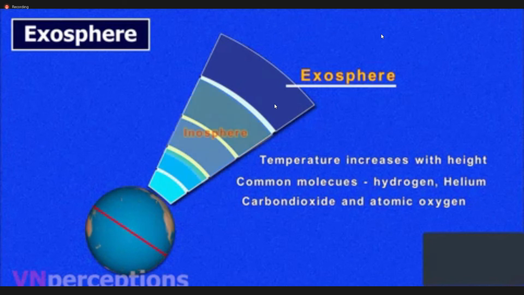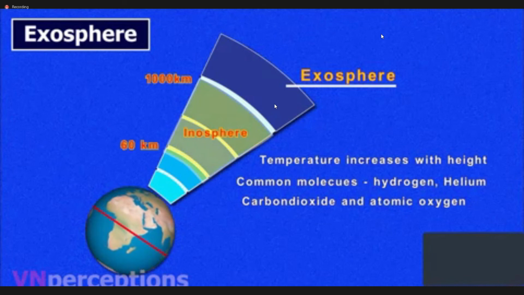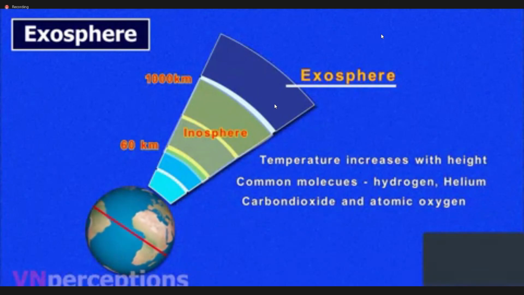The ionosphere is the ionized part of the Earth's atmosphere. The ionosphere is located between 60 and 1000 kilometers above the mesopause. The ionosphere is not a distinct layer like the others mentioned above.